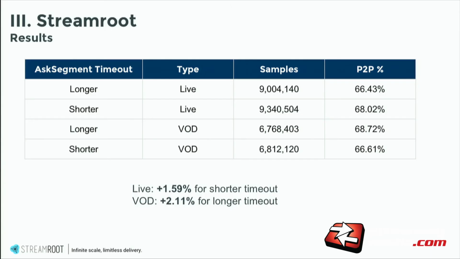So with this very easy example, we saw that it's very important to know your data and to be able to splice your population to take into account the specificities of your use case. So check the results by live or VOD, or mobile, desktop, etc. But what is even more interesting in this example is that before doing this A/B testing, we didn't think that the timeout parameter could vary depending on live or VOD.